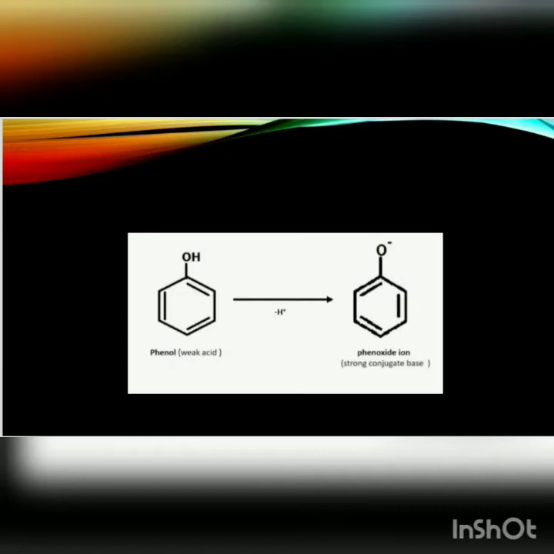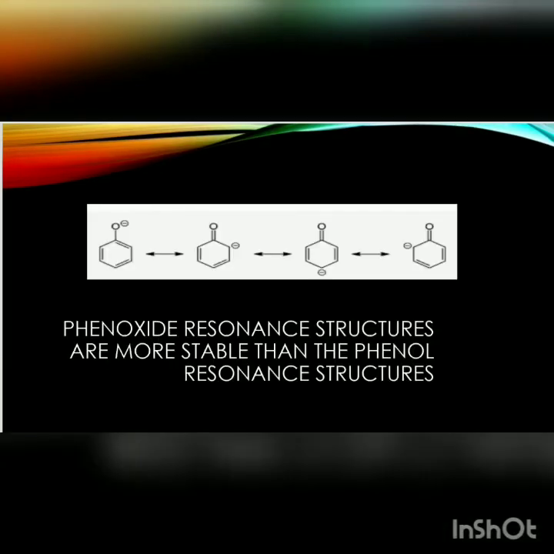So phenol resonance structures are highly energetic and less stable, while phenoxide ion resonance structures are more stable. Why? Because here we have only one charge, only a negative charge.